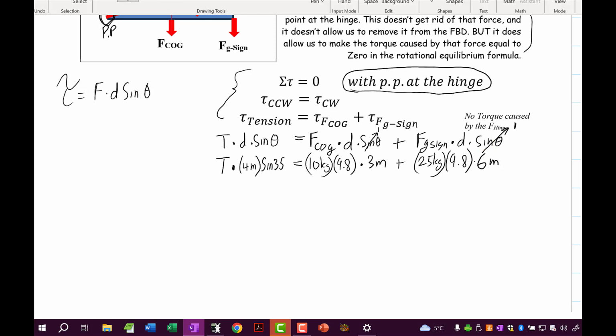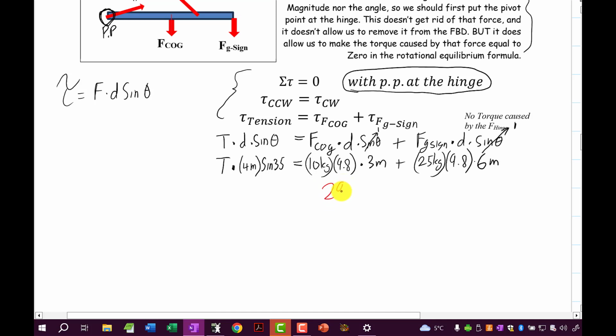So 10 times 9.8 times 3 is 294. Six times 25 is 150, times 9.8 is 1,470 Newton meters.